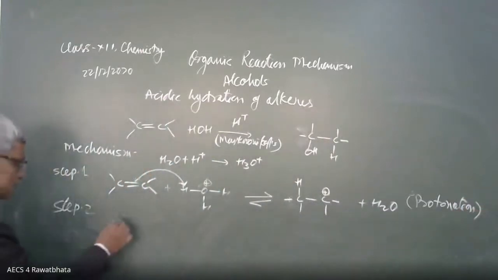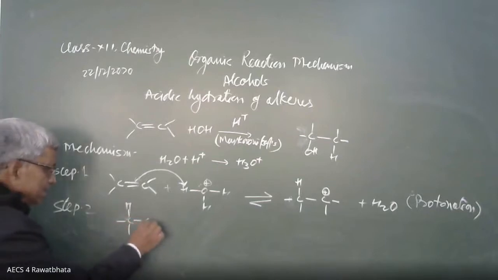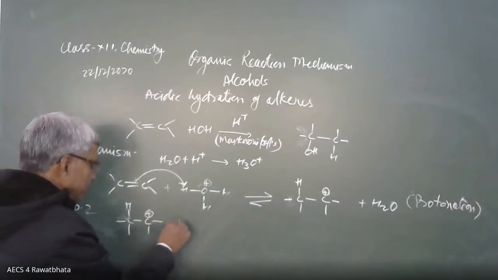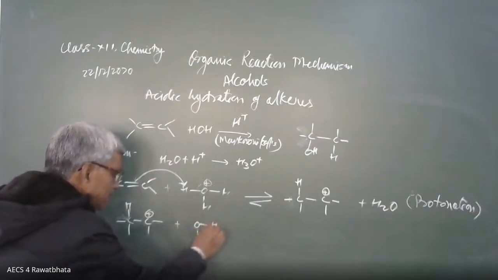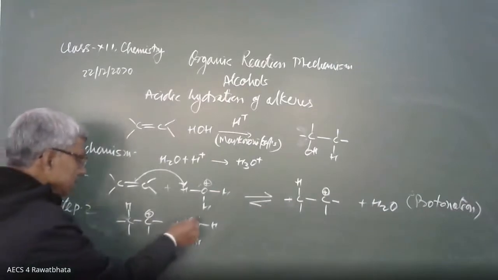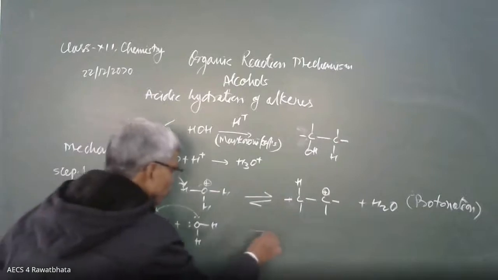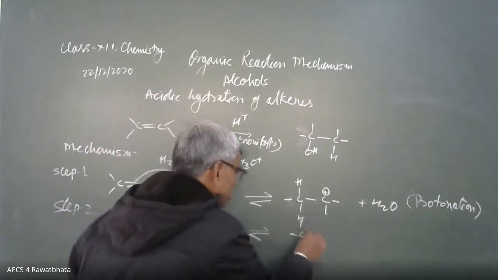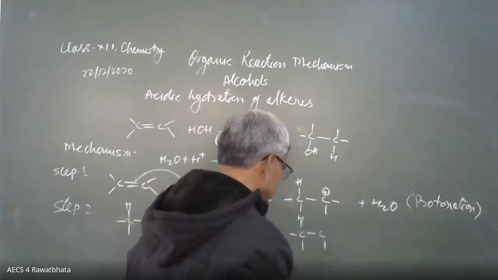In step 2, this protonated alkene, here is C, here is positive charge, is going to combine with water, H2O. Water has two lone pairs of electrons, and this lone pair is transferred towards the carbocation, this positive charge, and going to form C, H, bond C, and here it is joining in this way.